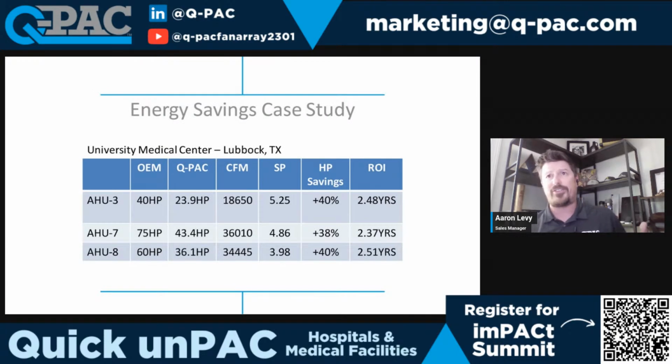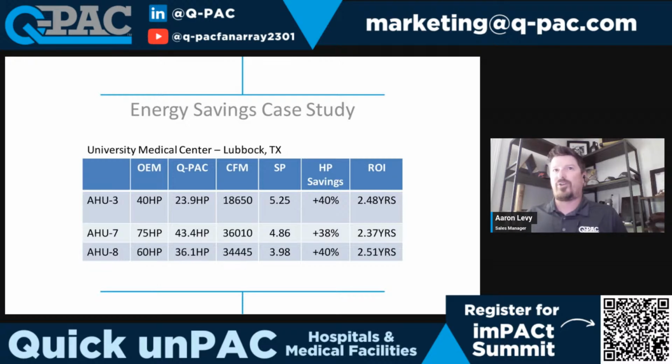We did a case study, or I did an energy calculation, for this facility in Lubbock, Texas. Again, it was 30-something years old, and the existing building had 40 to 75, 60 horsepower motors in there. When we were doing the retrofit for these particular systems, we ran the calculations to show them that they were, in some cases, almost 20 horsepower heavy.